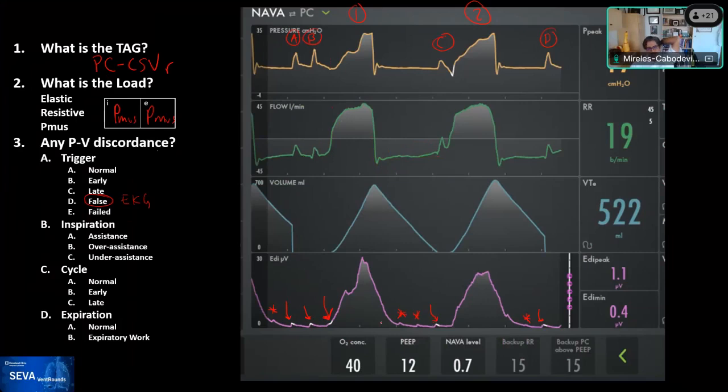So this is a really cool item in which you have false triggers because of the electrical activity of the heart contaminating the electrical activity of the diaphragm. And this is relevant because they have put a lot of technology to try to filter these signals.